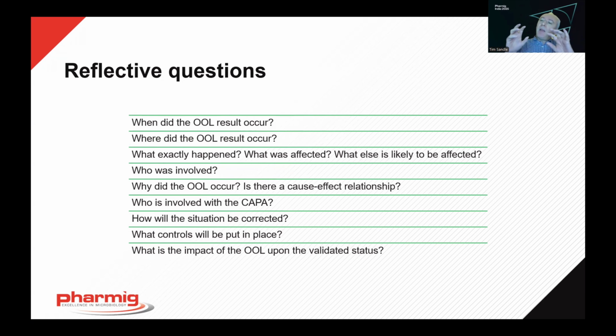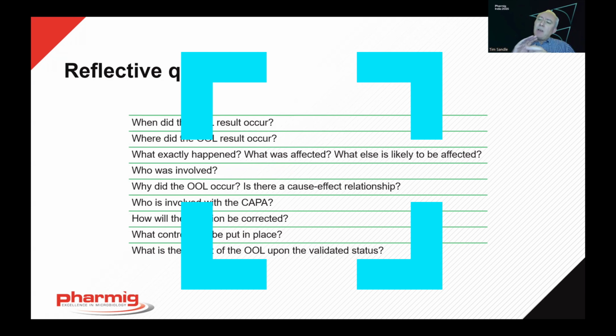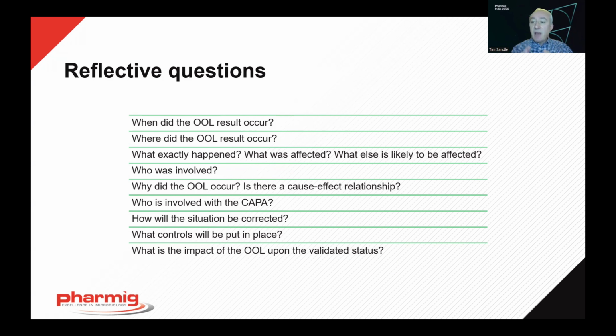And when we think we've put it right, it's then to say, how do we know that? What are we going to do to assess the efficacy of whatever CAPA we've come up with? So standing back and having a pause, I think, is again something that I would recommend.